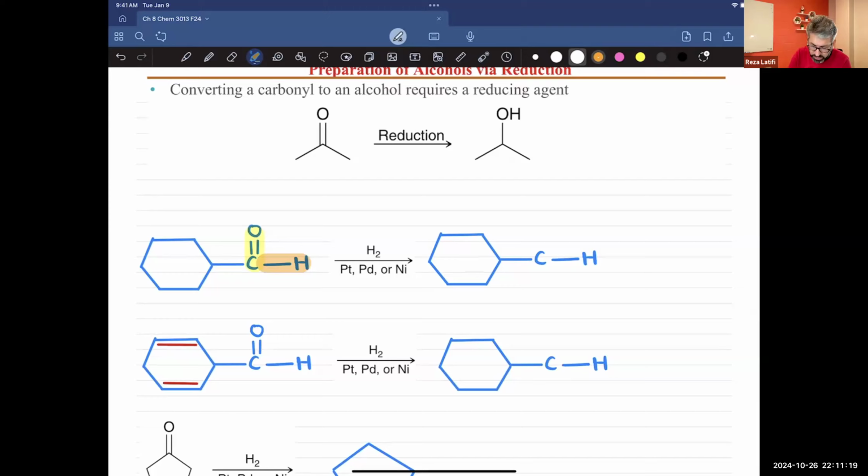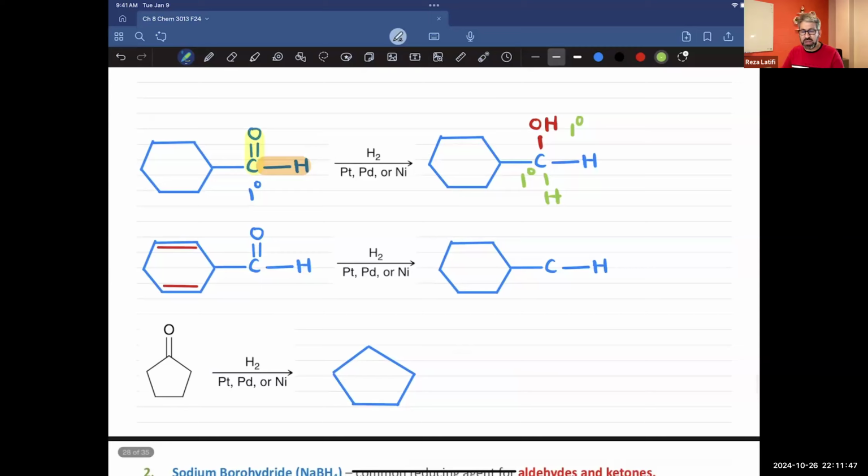That means you are dealing with a primary carbon. Reduction of a carbonyl that has H attached to it, or is a primary carbon, is going to give you primary alcohol. Okay, so this is a primary carbon. That means the alcohol will be primary.